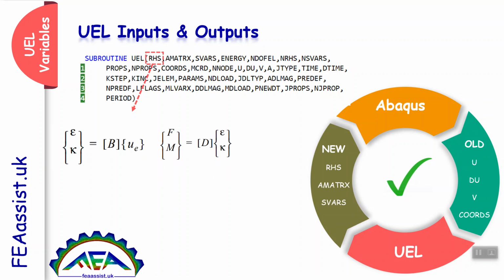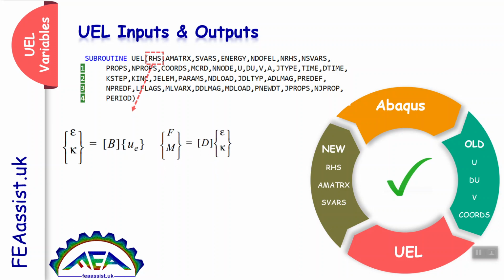And when we compute strain and curvature, then we can compute the force and moment by this strain and curvature with D. D here is a stiffness matrix, or in one-dimensional problems, F equals D epsilon. D is E, Young's modulus, the elastic stiffness matrix.